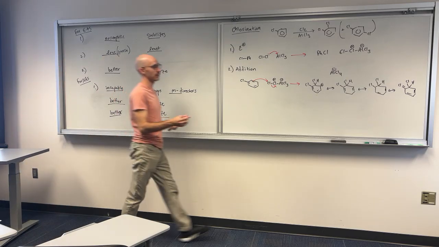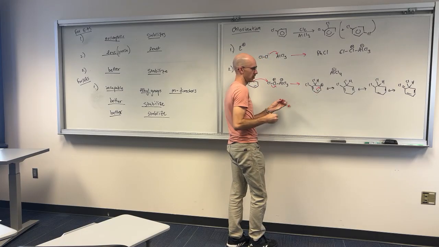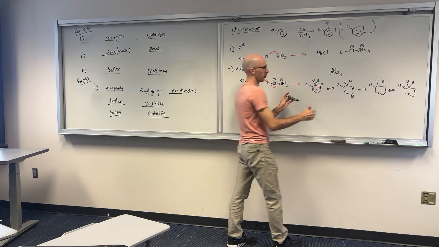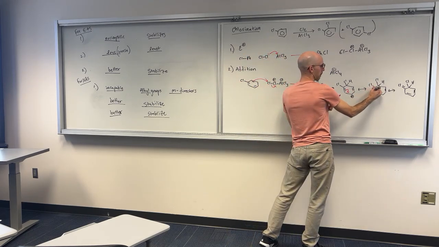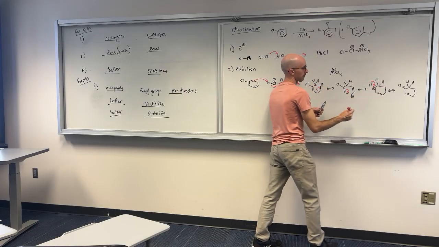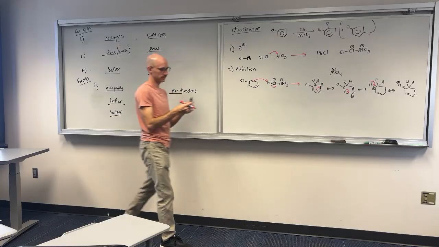Once you get them down, you can show the bond moving, move the positive charge. Show the bond moving, move the positive charge. Here, we're actually just showing electrons moving, form a positive charge.